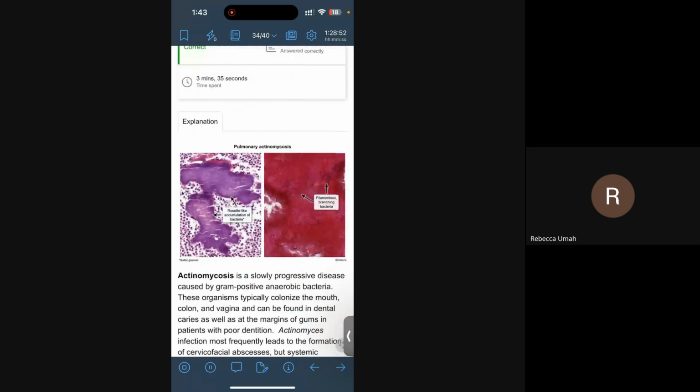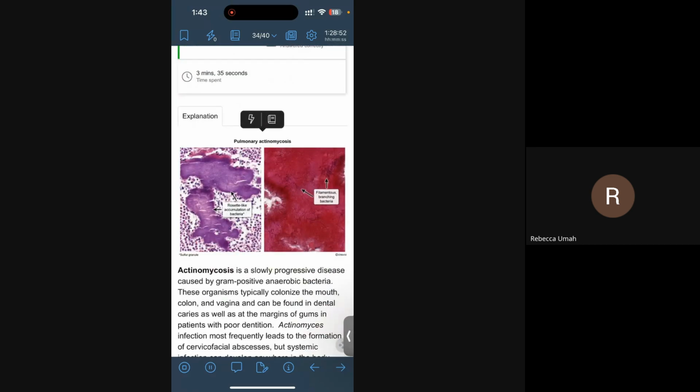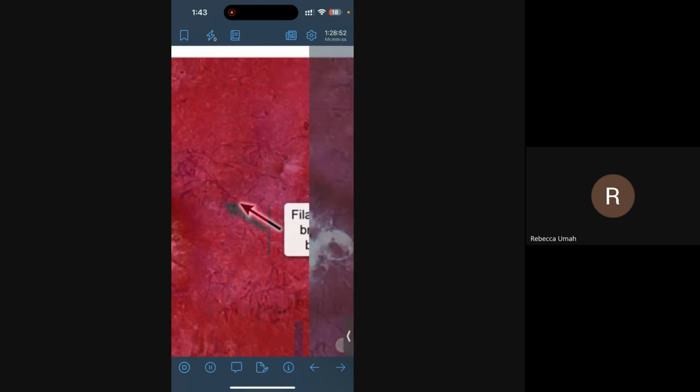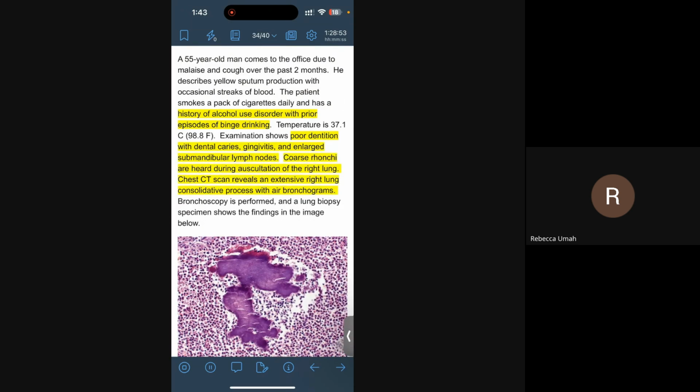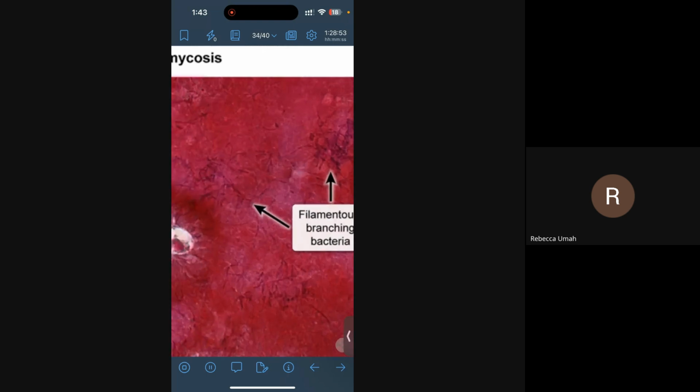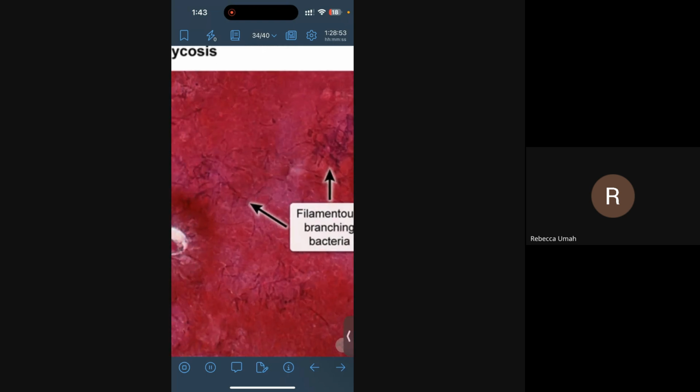See this photo. In this photo, this is much more visible: filamentous branching bacteria. Within this purplish area, you are going to see filaments. Can you appreciate the filamentous pattern?